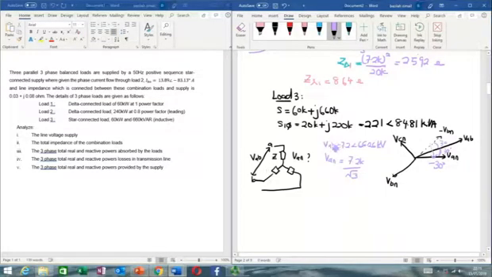This is the line voltage, so to calculate phase voltage, we take V line divided by √3, and the angle will be 66.26 minus 30. So the answer is 4.16 angle 36.26 kV.